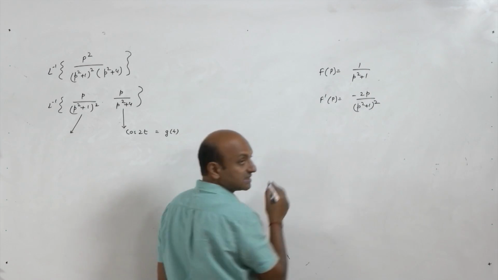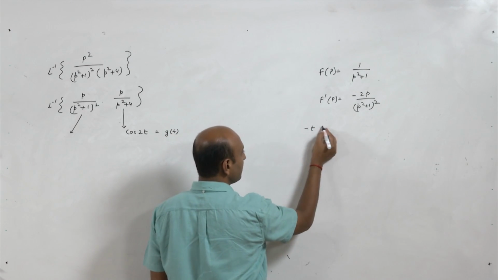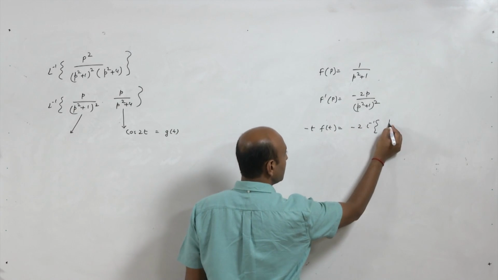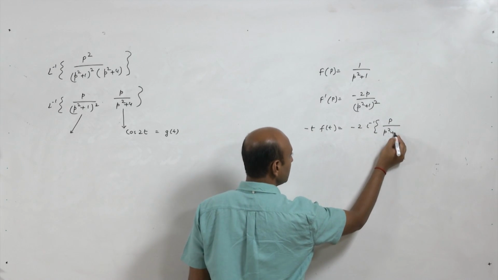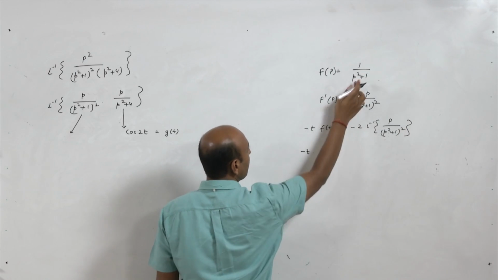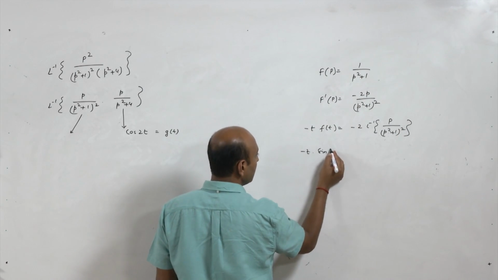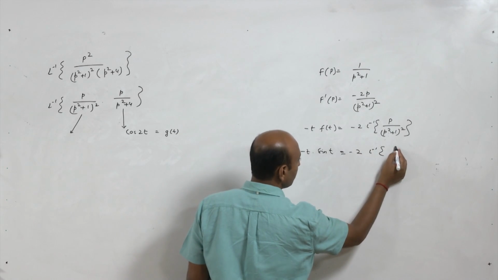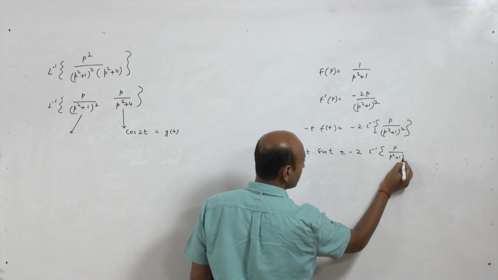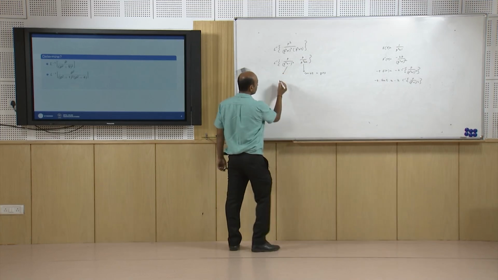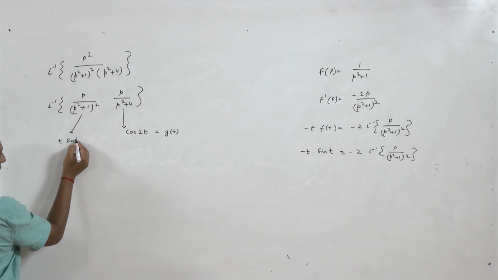Then taking the Laplace inverse both the sides, it is minus t ft is equal to minus 2 times Laplace inverse of p upon p square plus 1 whole square, and minus t ft is nothing but Laplace inverse of this, which is sin t. So, Laplace inverse of this is nothing but t sin t by 2.